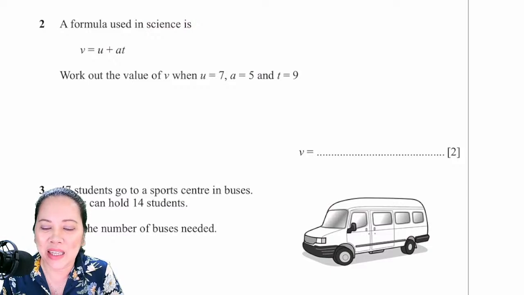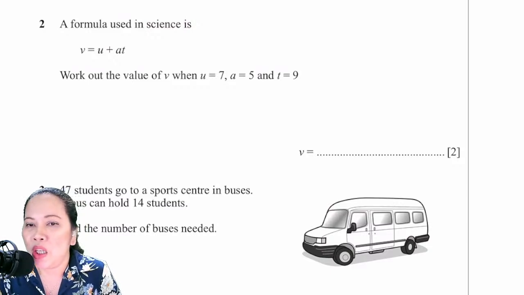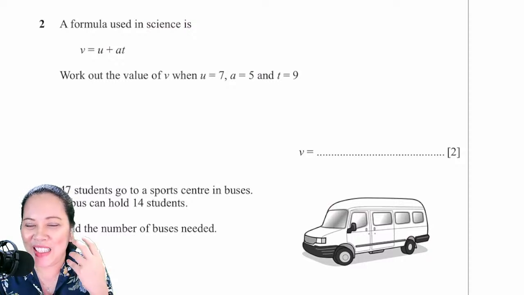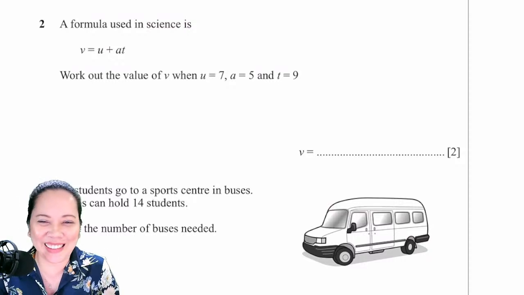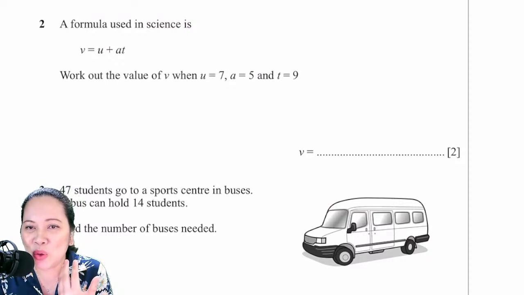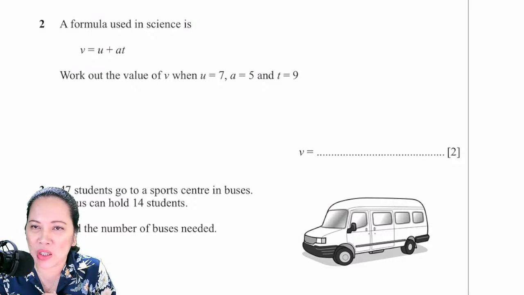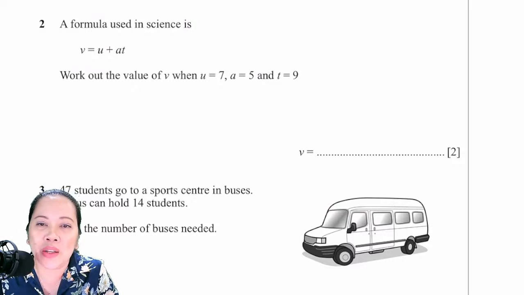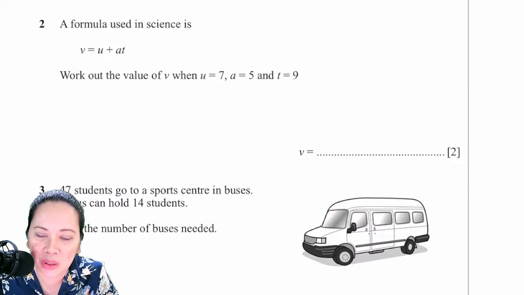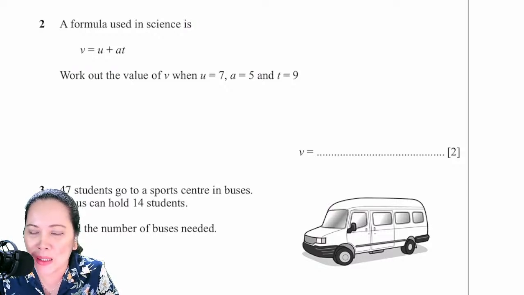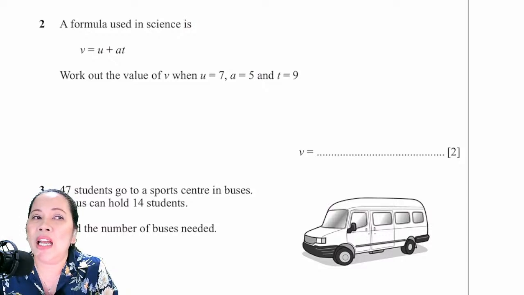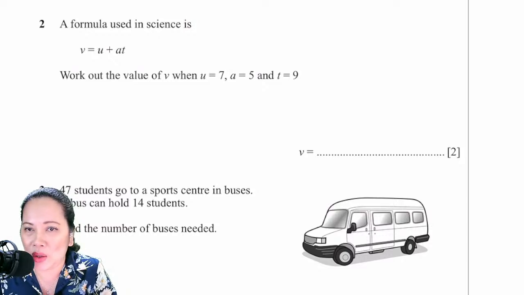Okay, so question number 2. Technique, all right, guys. Students, when you answer questions, you should always read the questions carefully. Then identify what the givens are and what is being asked in your question.